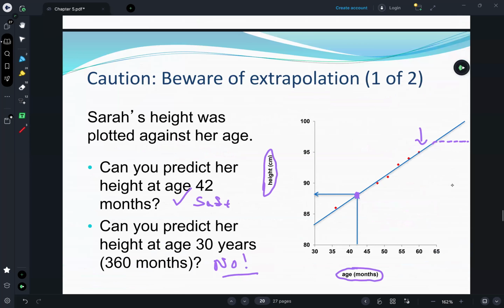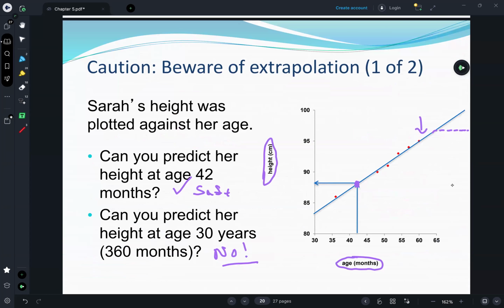Also beware of extrapolation. You only want to make predictions with your least squares regression line based on the data within. You wouldn't want to make any predictions that go outside the data, so nothing lower than the lowest point of X and nothing higher than the highest point of X. Here we have the height of Sarah against her age.